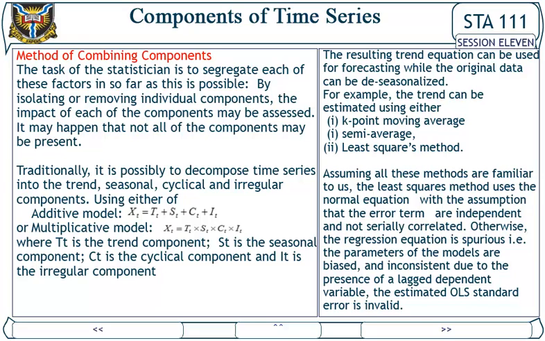It may happen that not all of the components may be present. Traditionally, it is possible to decompose time series into the trend, seasonal, cyclical, and irregular components, using either the additive model, Xt is equal to Tt plus St plus Ct plus It, or the multiplicative model, Xt is equal to Tt times St times Ct times It, where Tt is the trend component, St is the seasonal component, Ct is the cyclical component, and It is the irregular component.